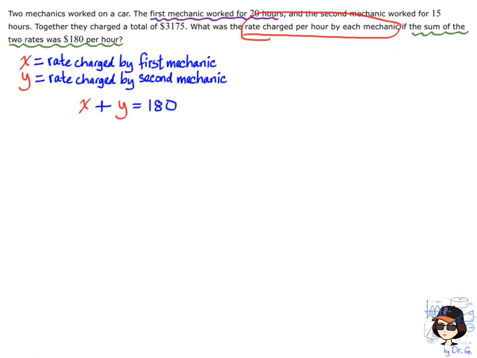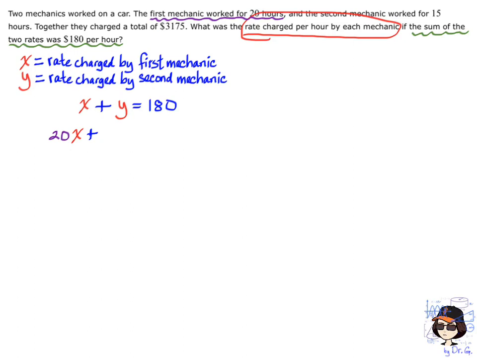So it looks like the first mechanic worked for 20 hours. So how much did he charge for that work? Well, his rate is X dollars per hour, right? And if he worked for 20 hours, then he charged 20 times X.